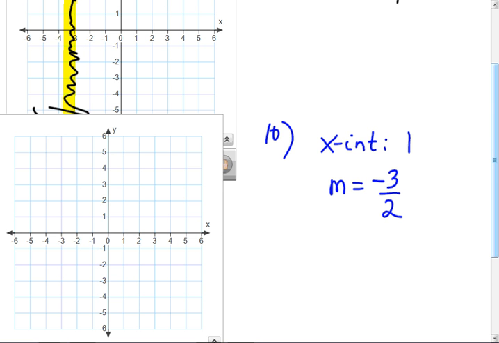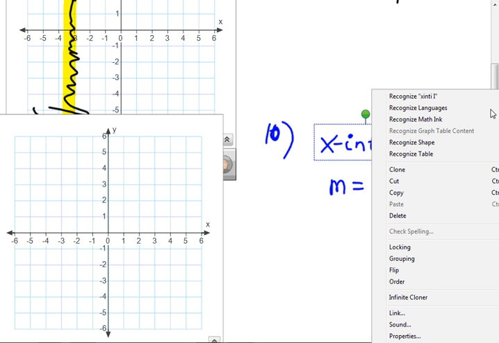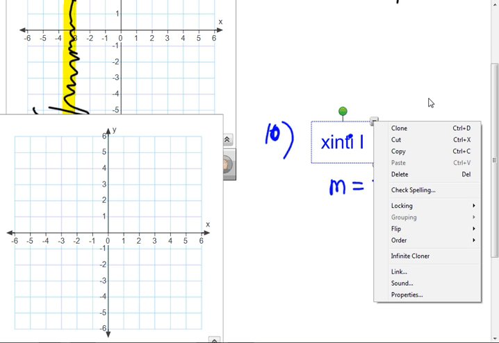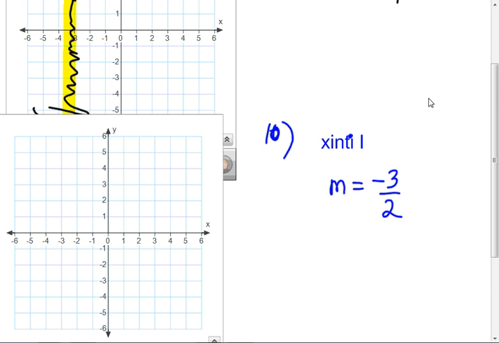Grant, you want to try this one? It's 10. No, not 10. But K. X-intercept. I don't have this one set up quite yet, but I will.